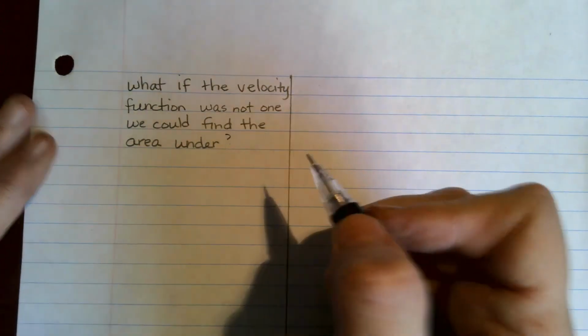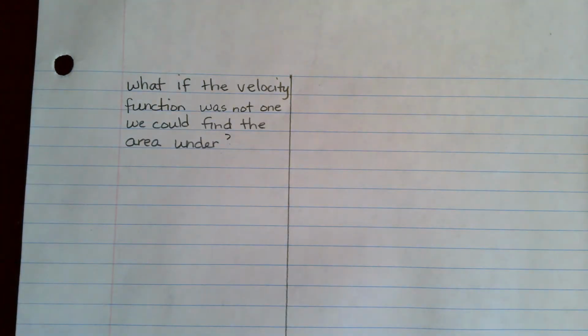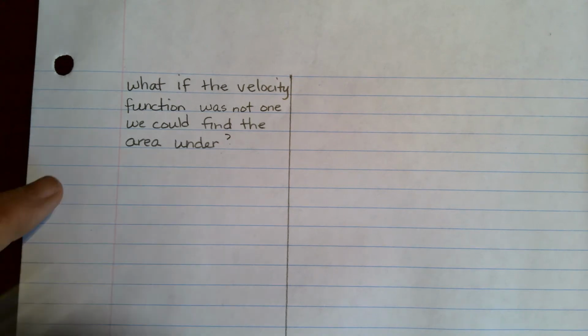What if we just had some really weird shape? What we do in calculus is estimate the area using rectangles.